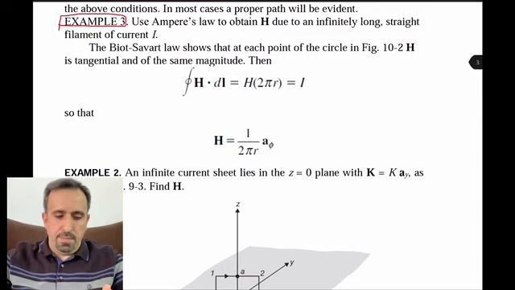Example number 3: use Ampere's law to obtain H due to an infinitely long straight filament of current I.